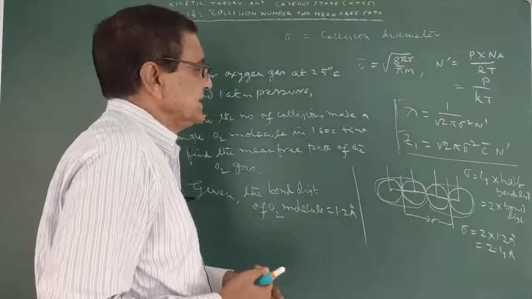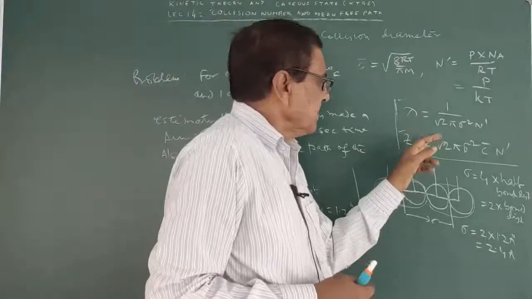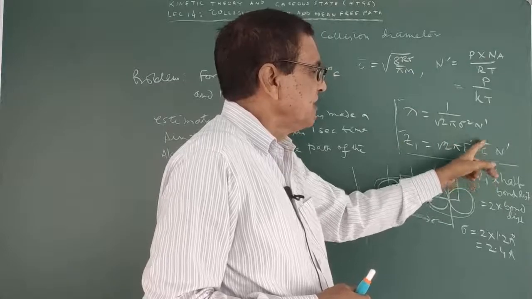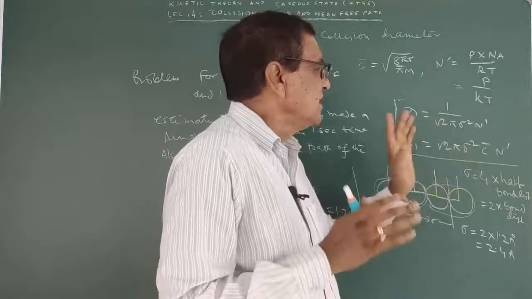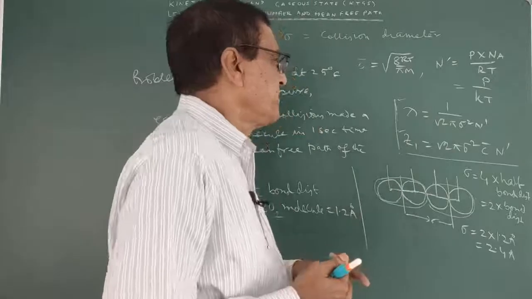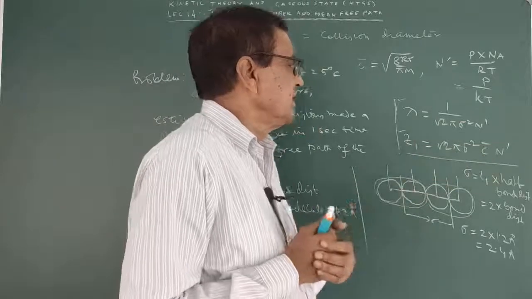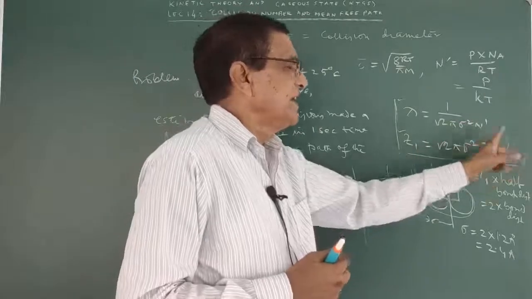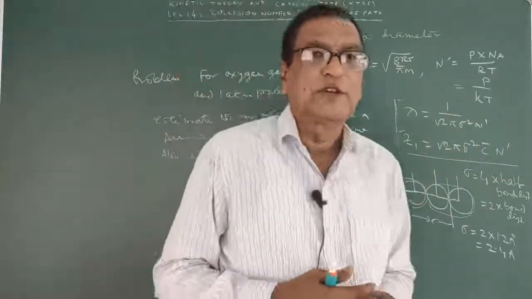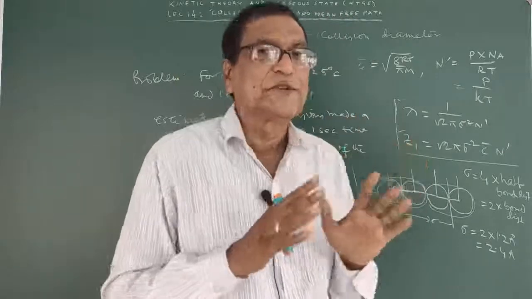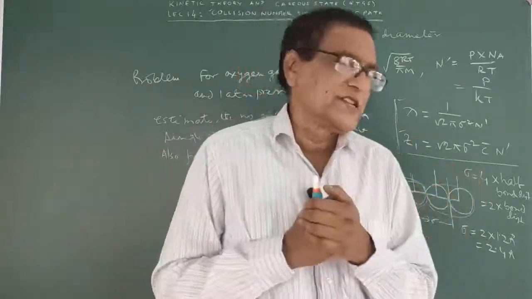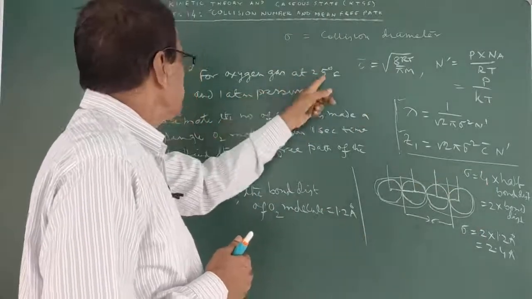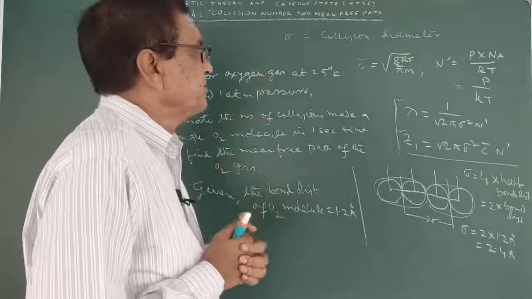And this Z1 is given by the formula root over 2 pi sigma square C bar n dash. Sigma is the collision diameter, C bar is the average speed of the molecules, and n dash is the number density of the molecules, meaning the number of oxygen molecules per unit volume of this gas at this temperature and at this pressure.